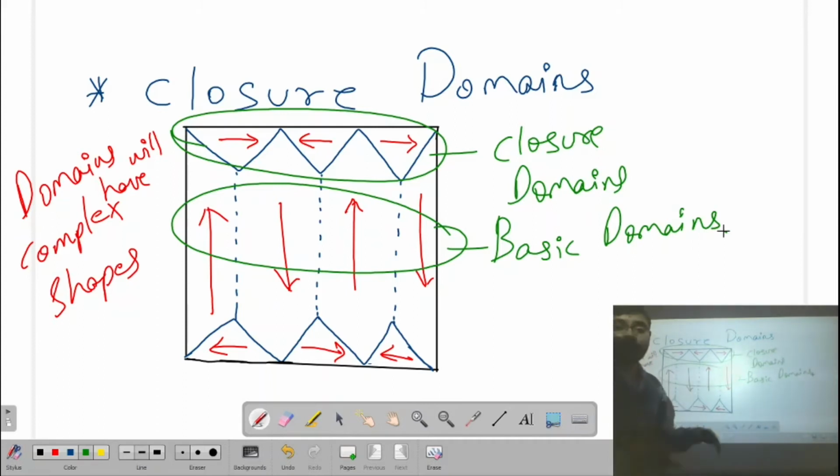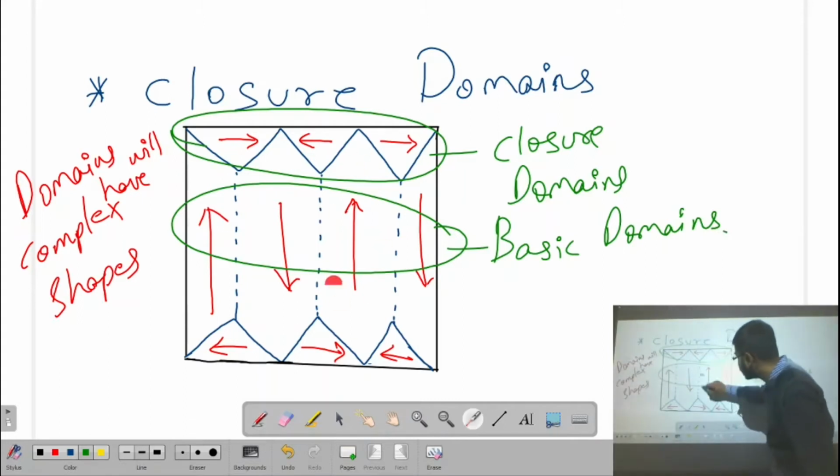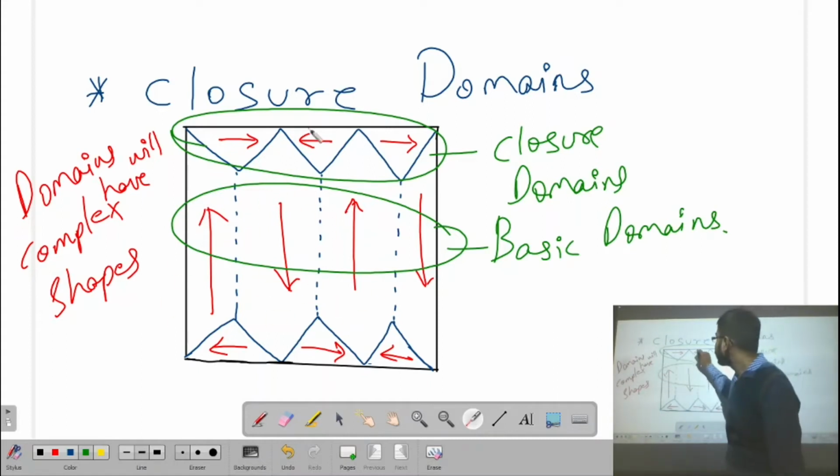So there are some directions which are easier for domains to form and orient themselves, and some directions which are hard for the domains to grow. So this is known as closure domains. These are basic domains. These are the easier directions.